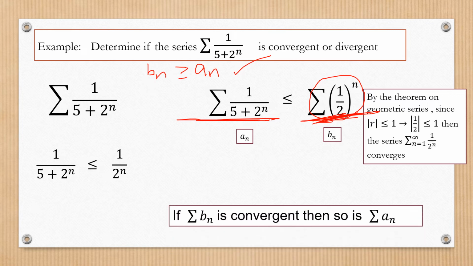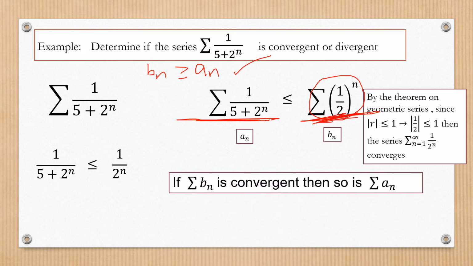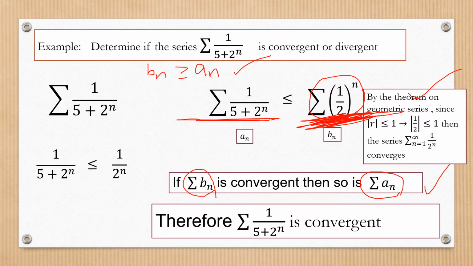And with that, following the condition that if the series Bn is convergent, then the series An is also convergent. Since na-prove natin that this one, which is Bn, is convergent, therefore we can say that, given also this condition, we can say that the series 1 over 5 plus 2 raised to n, which is series An, is convergent.